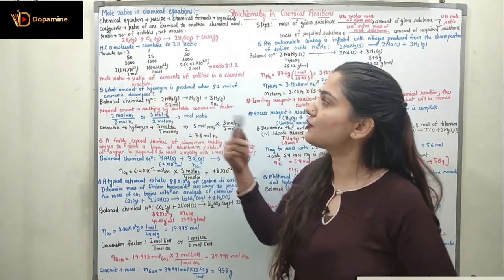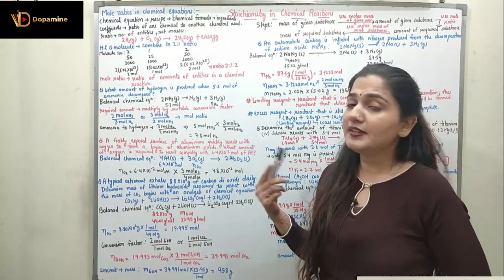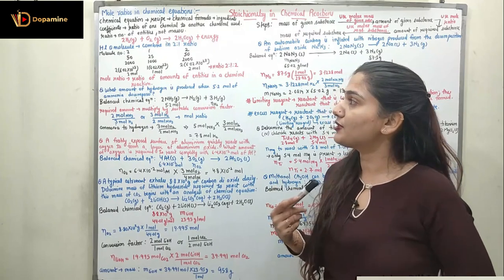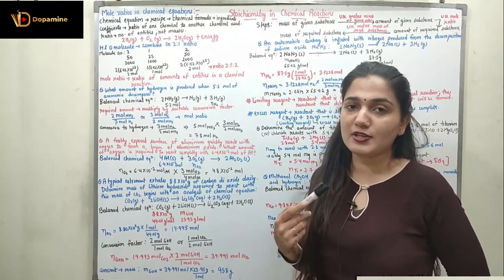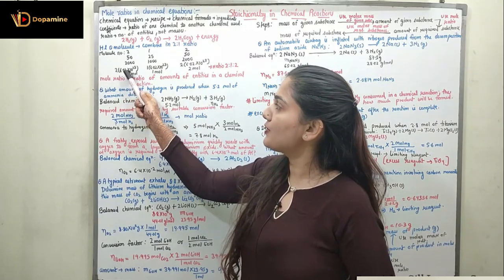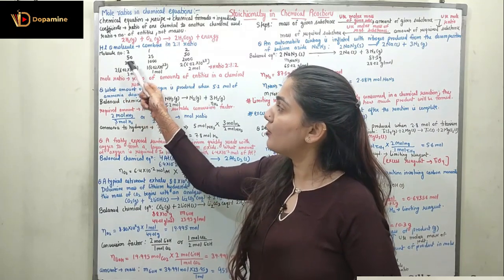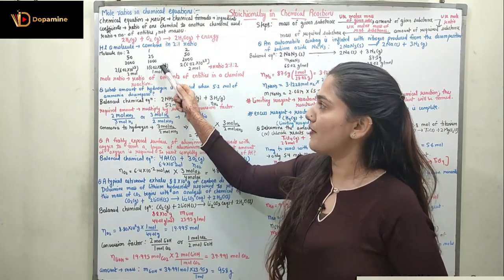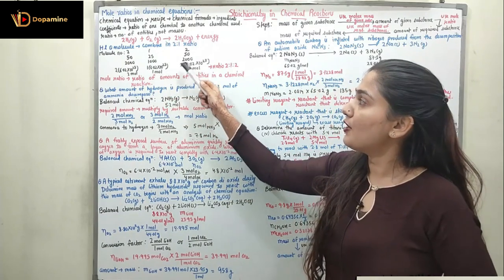Similarly, 2000 molecules of H2 can combine with 1000 molecules of oxygen gas to produce 2000 molecules of H2O gas. Similarly, I can represent it as 2 times 6.02 into 10 raised to power 23 molecules combining with 6.02 into 10 raised to power 23 into 1 molecule of O2.